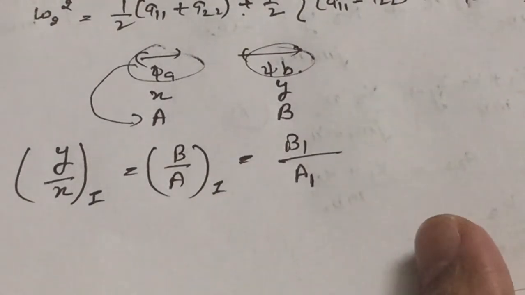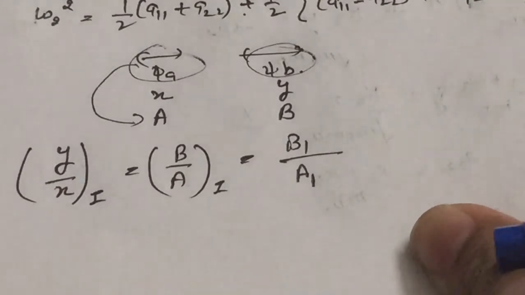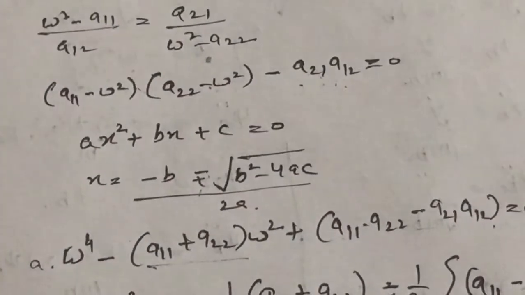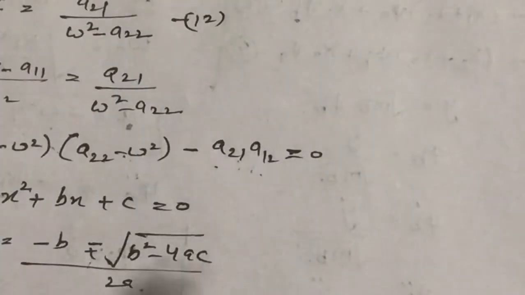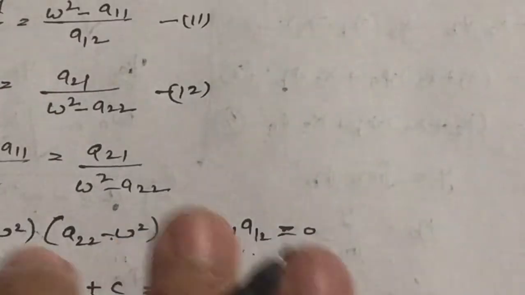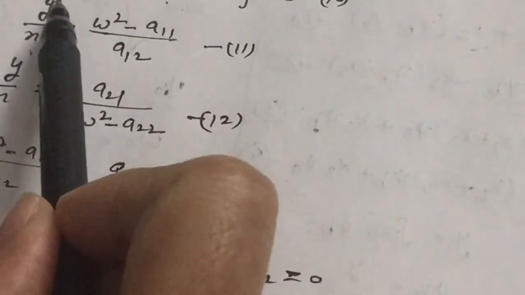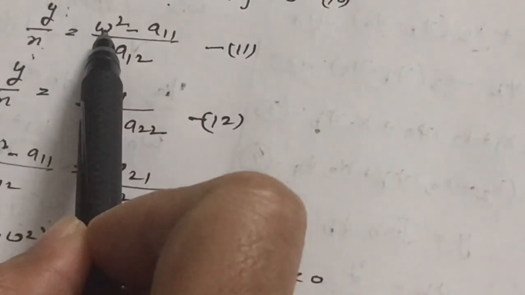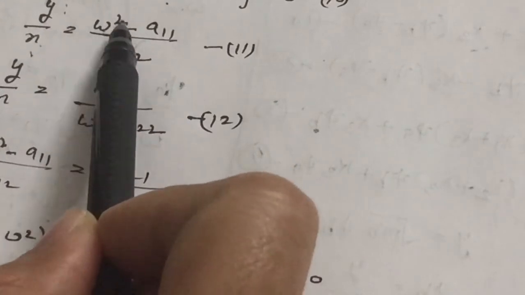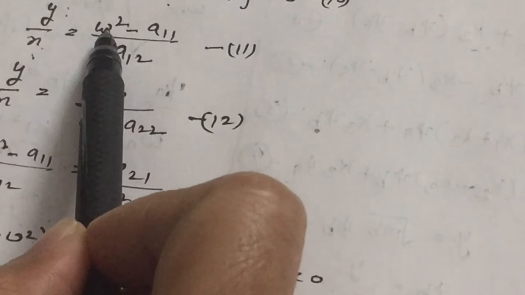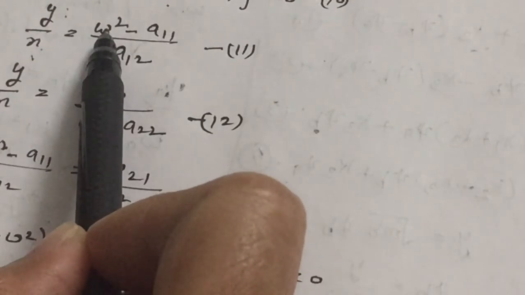From the relation omega square minus a11, that is our equation number 11 and 12, we can find these two values. From equation number 11, we can put y upon x is equal to b1 upon a1, when the omega square, that is angular frequency, is the first mode, that is omega 1 square, the first root of our quadratic equation.